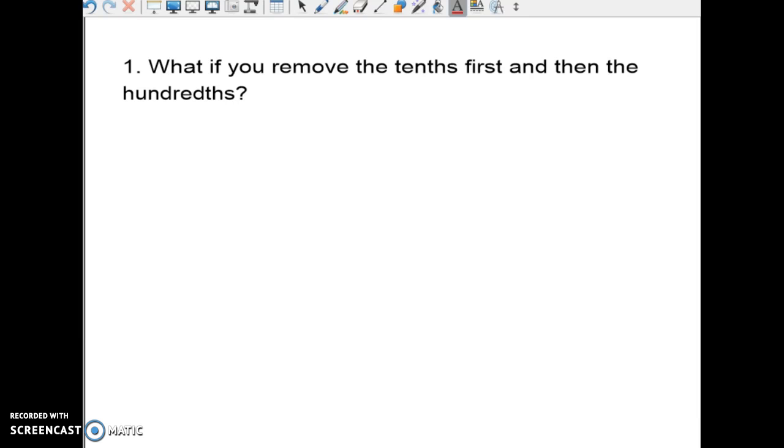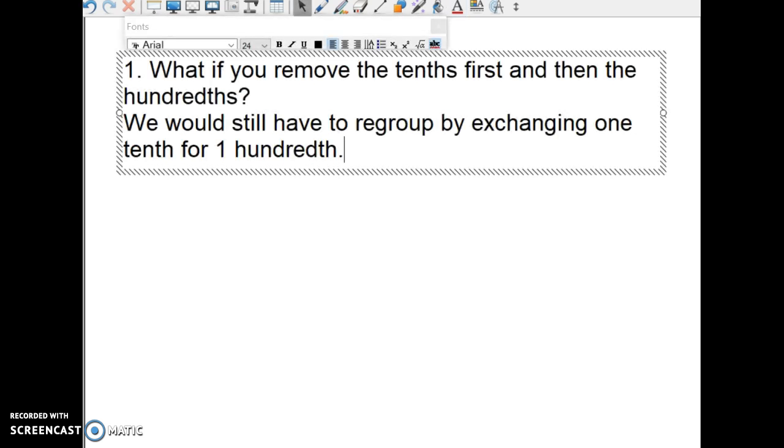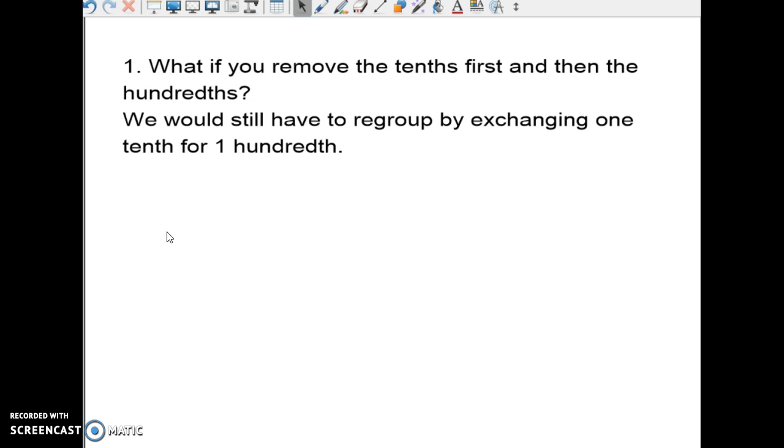Now, we did this yesterday with our addition. We would still have to regroup by exchanging 1/10 for 1/100. So that's how this would look in words.